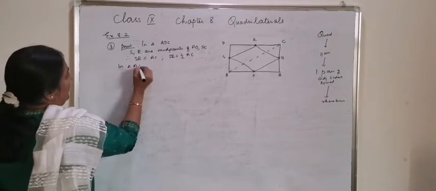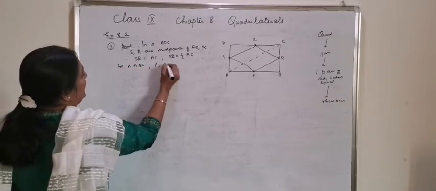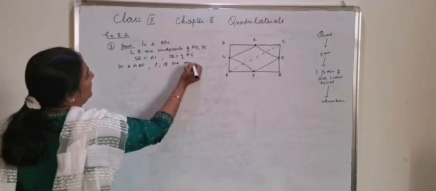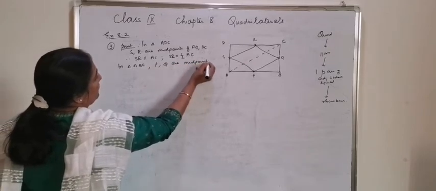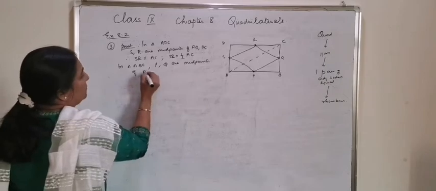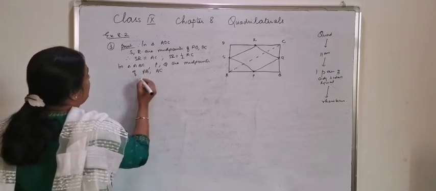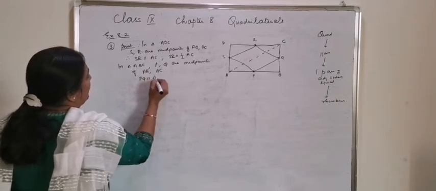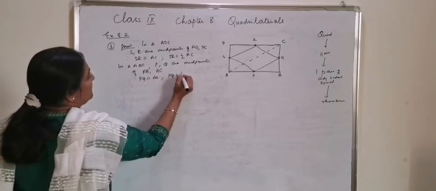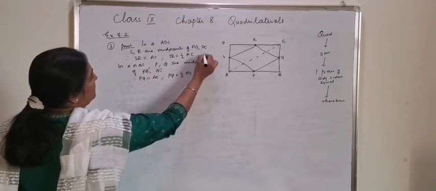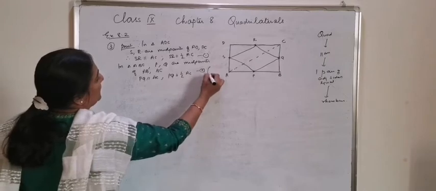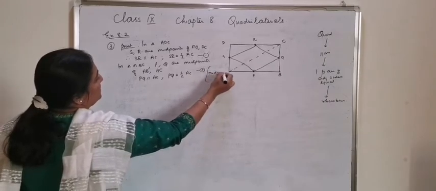In triangle ABC, P and Q are midpoints of AB and BC, therefore PQ parallel to AC, PQ is equal to half AC. Both the reasons are by using midpoint theorem.